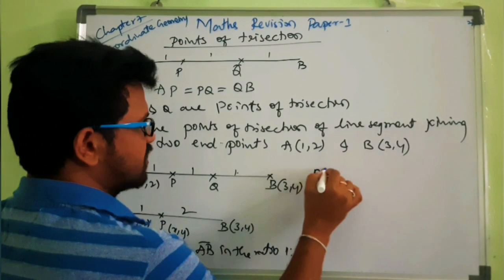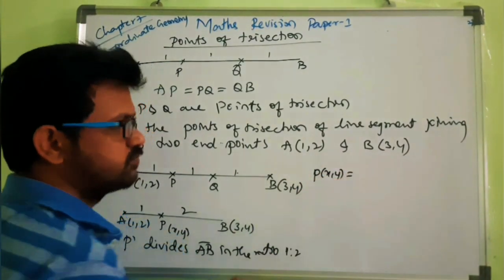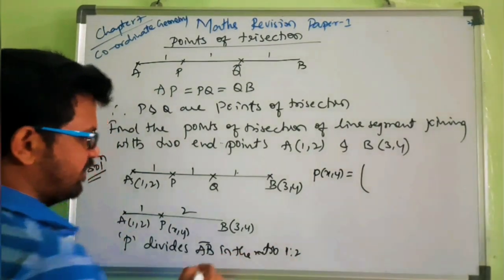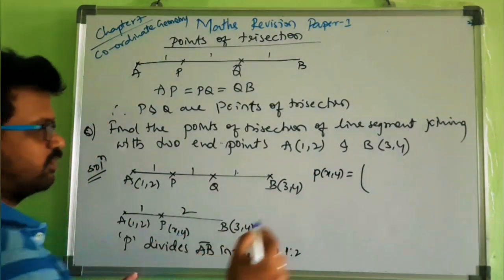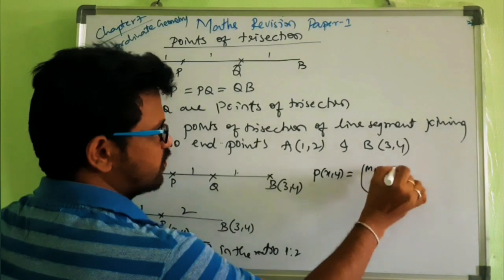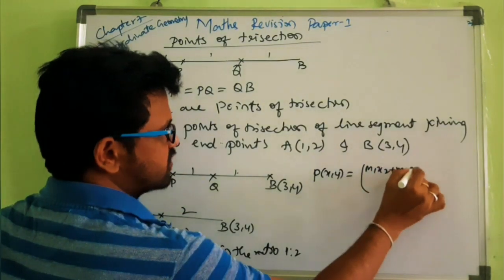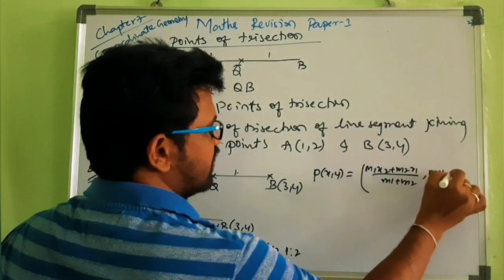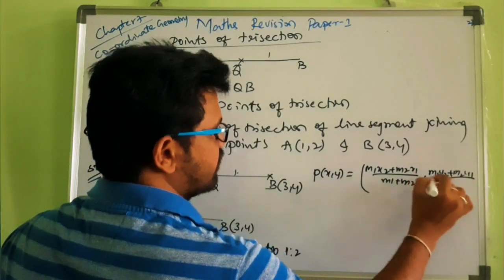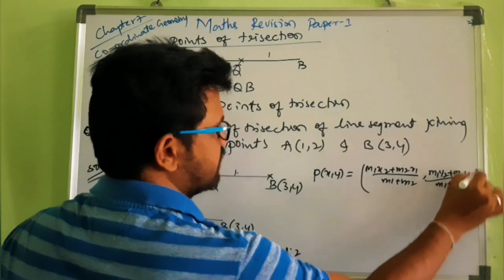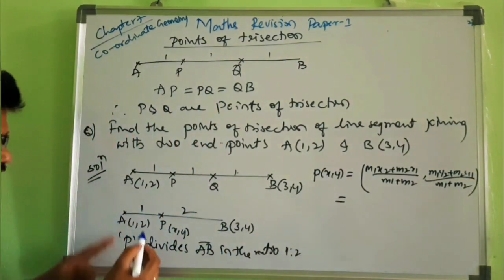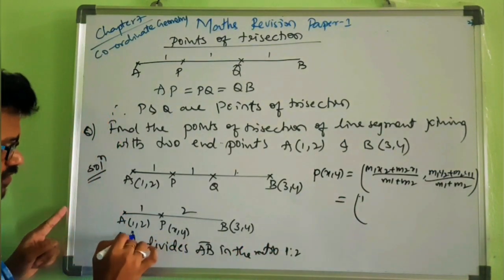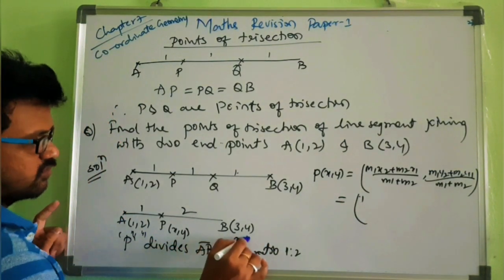So P(x, y) is equal to, that section formula we have to apply here: (m1 x2 plus m2 x1) by (m1 plus m2) comma (m1 y2 plus m2 y1) by (m1 plus m2). So here m1 is 1. So 1 into x2. This is x1, y1, x2, y2.